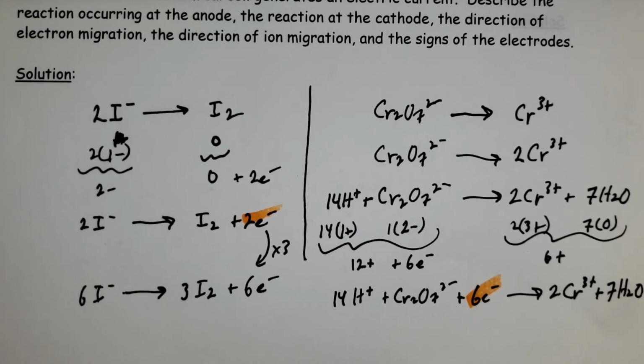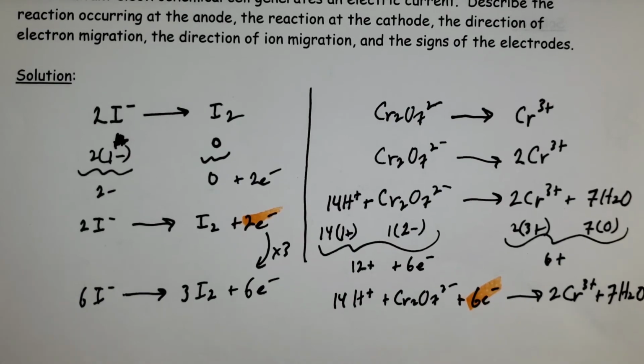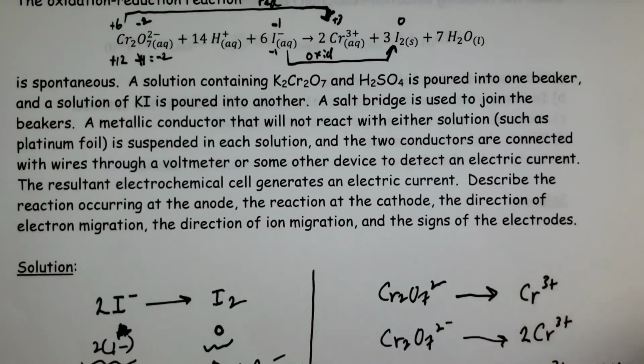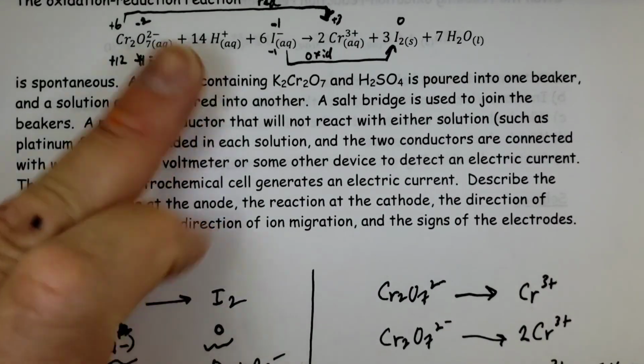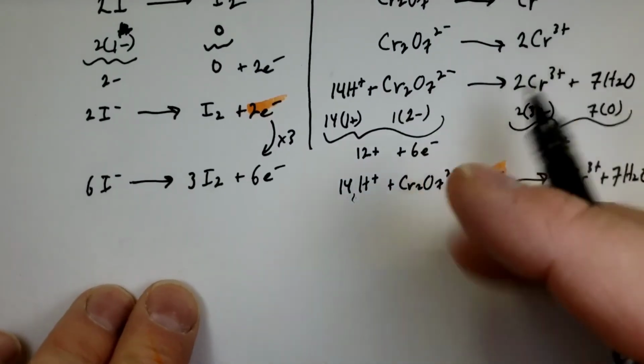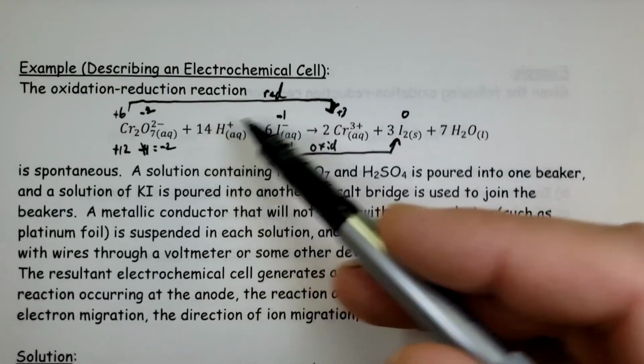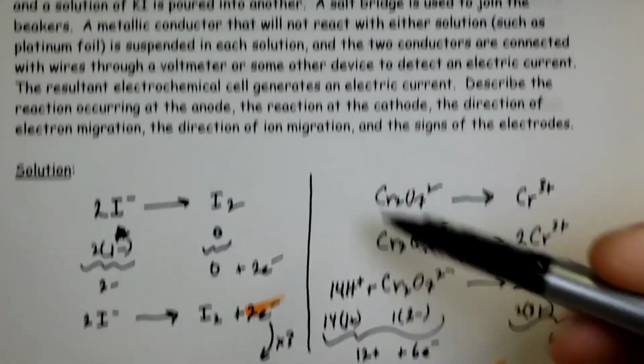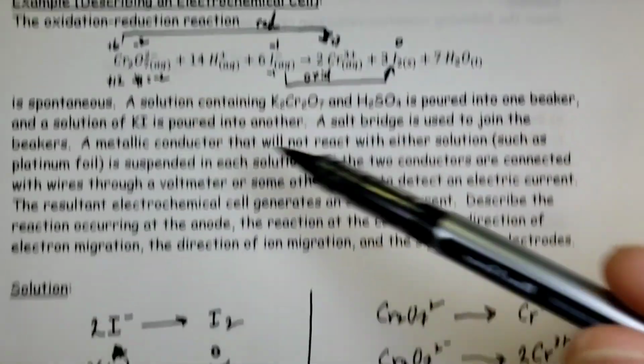Now, if you notice, if I was to combine these equations like I did in the previous section, on the left-hand side, I'd have 14H pluses, Cr2O7 2-. So look at that. I have 14 H pluses. Look at that, Cr2O7, 2 negative. There it is.